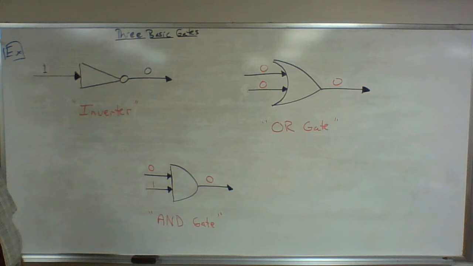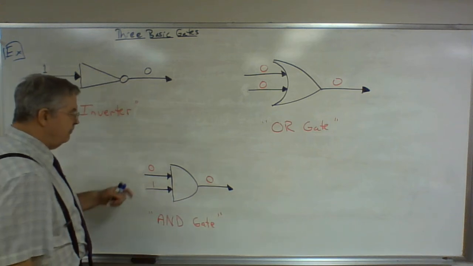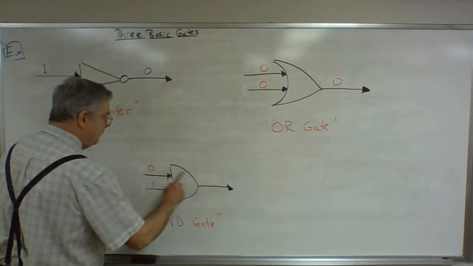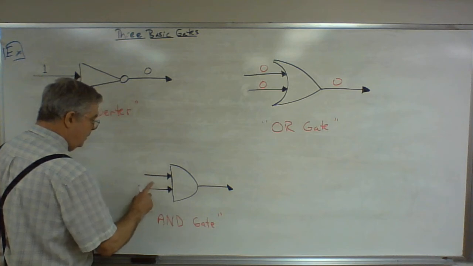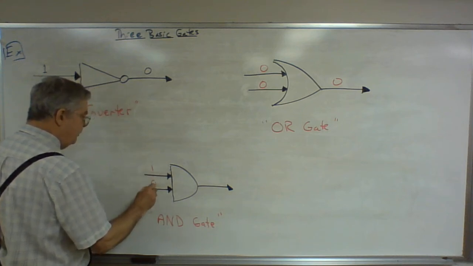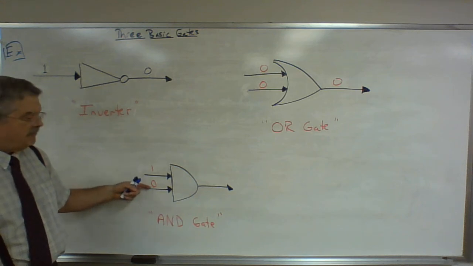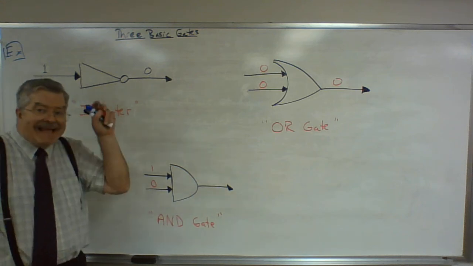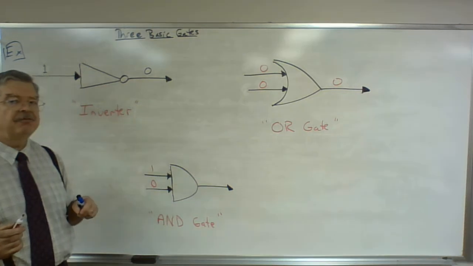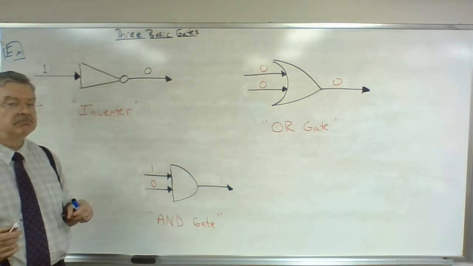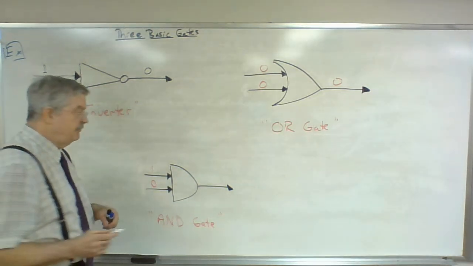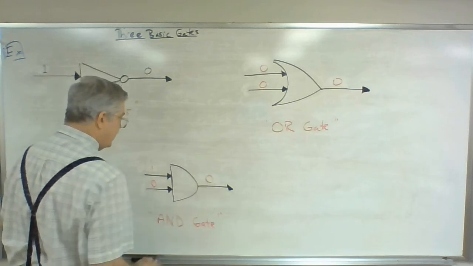Now, does switching the bits change anything? Let's put the 1 up here and the 0 down here. Now we have a true and a false. If we AND a true and a false, what do we get? We get false, don't we? So we get 0 out again.